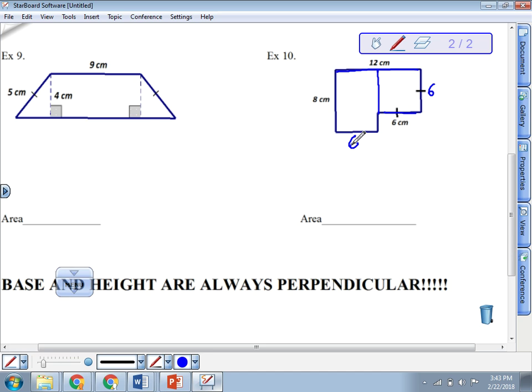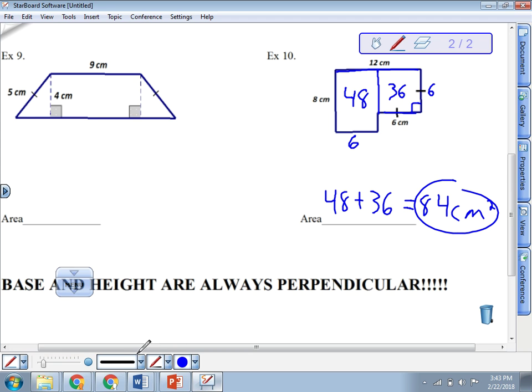This square is base times height, so that's 36. This is 6 times 8, which is 48. So the area would be 48 plus 36, and you'd add those up, and those units would be squared. So I think that would be 84 centimeters squared. That would be your final answer.